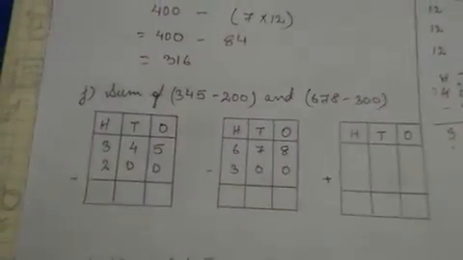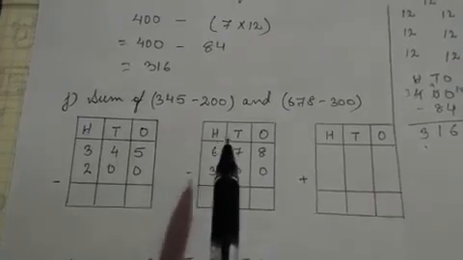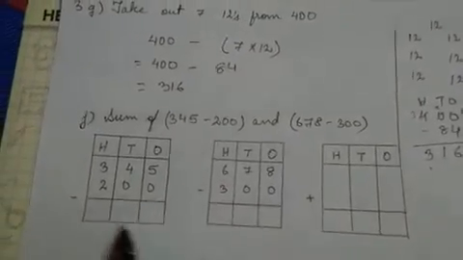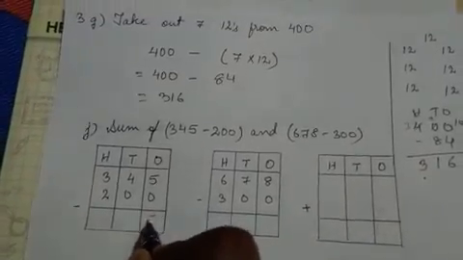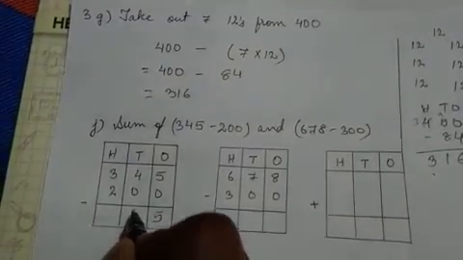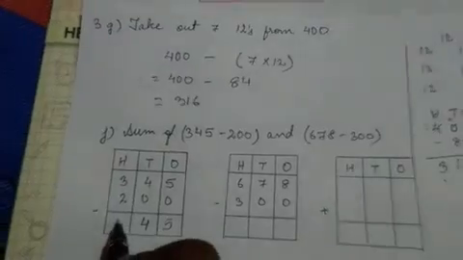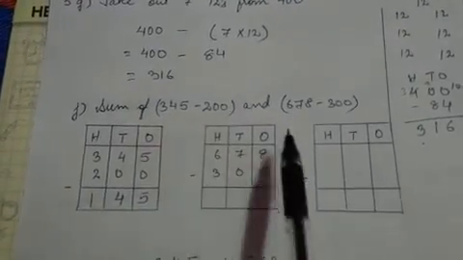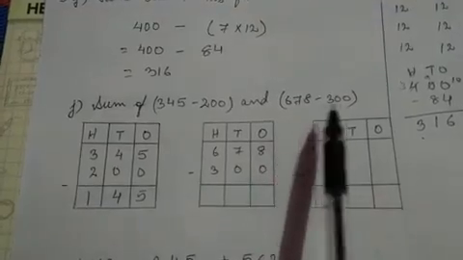Okay, then only we'll be able to do it. So I have shown here, you have to find the sum of 345 minus 200. So let us first subtract it here. 5 minus 0 is 5. 4 minus 0 is 4. And 3 minus 2 is 1. So that is solved. Now another one, 678 minus 300.